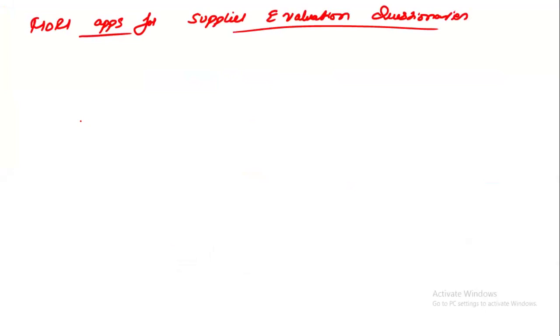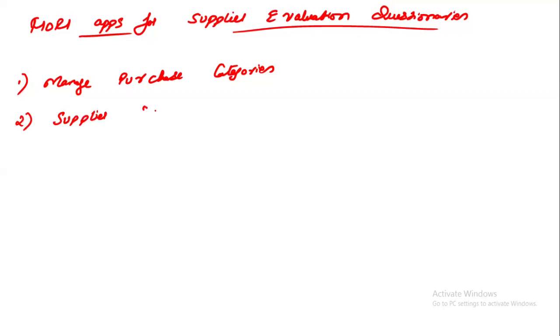For supplier evaluation questionnaires, we have some apps. The first thing is Manage Purchasing Categories. What we do here is manage which supplier is going to fall under which purchasing category. Second is supplier score and weightage, which we have already seen.